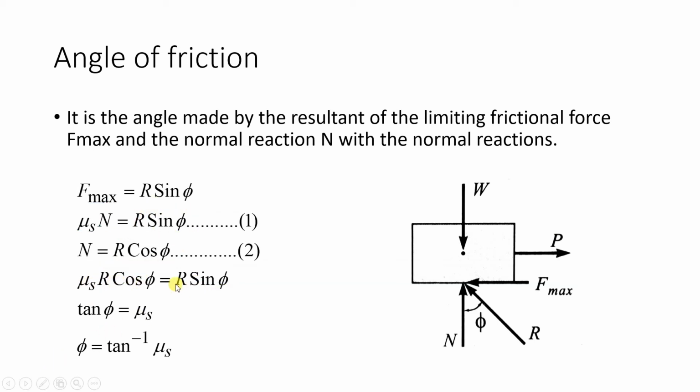Now if you take this cos phi towards the right hand side, then R and R will get cancelled. So what equation will you get? Sin phi upon cos phi will be tan phi equal to mu s. So phi will be equal to tan inverse mu s. What is the meaning of this? Angle of friction phi is equal to tan inverse of coefficient of static friction. Now this is at which condition?